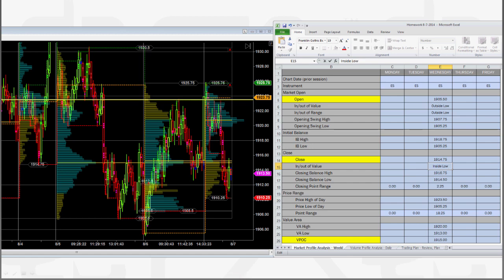But the concept behind the IB, and it was pretty founded in reality, is that the majority of the trades for the day, 70-75%, were likely going to be within the IB, and that the first hour of trading is really what sets the extremes for the market.